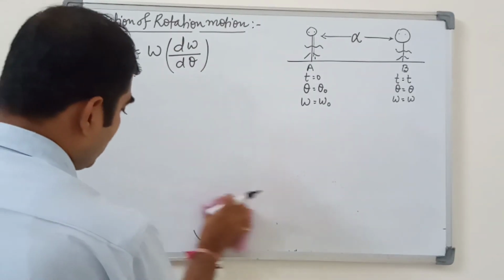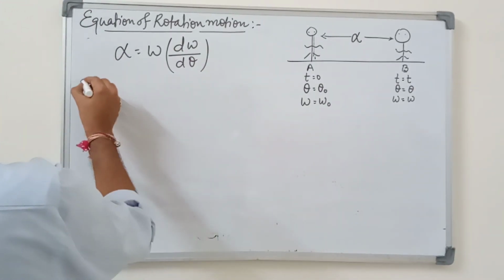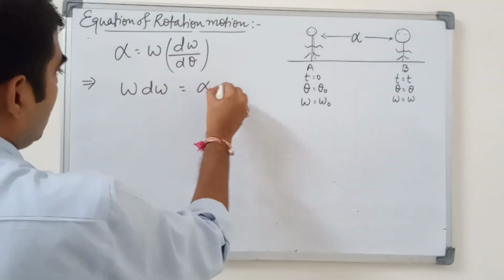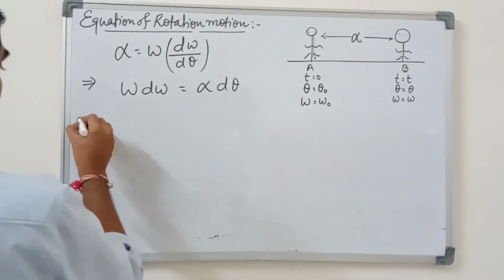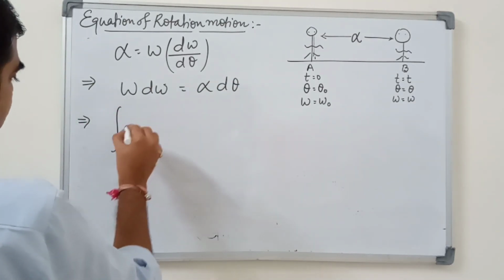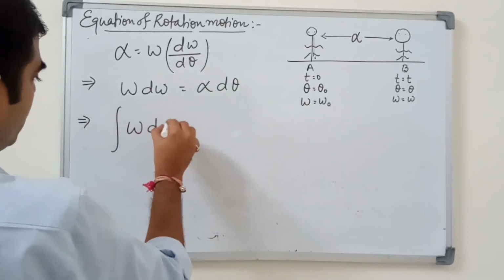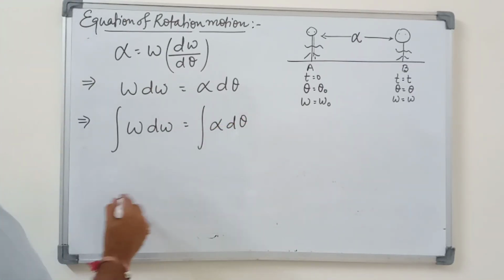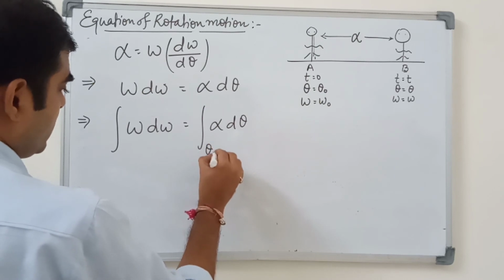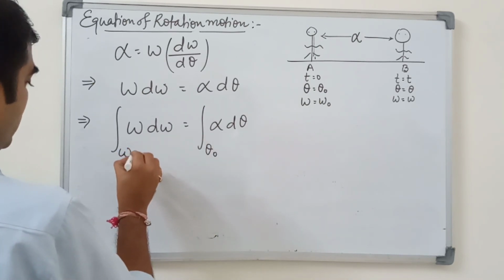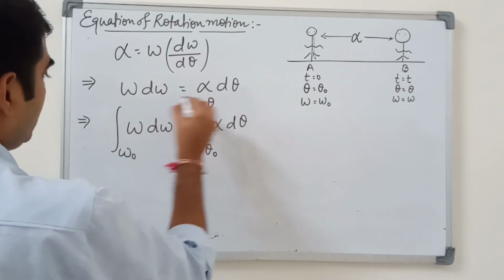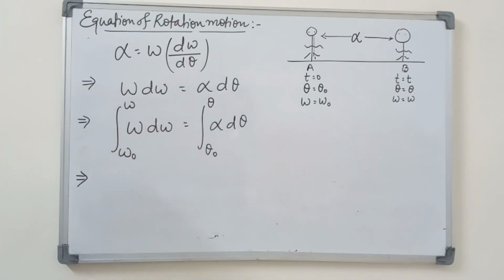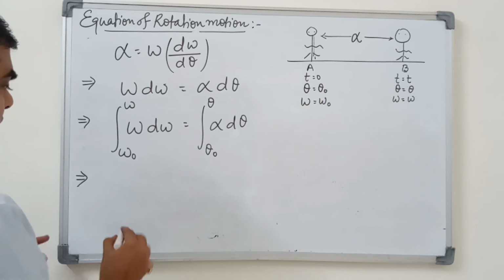Cross multiplying, we get omega d omega is equal to alpha d theta. So both sides are integrated: omega d omega with limits omega naught to omega, and alpha d theta with limits theta naught to theta. Apply the integration formula here.